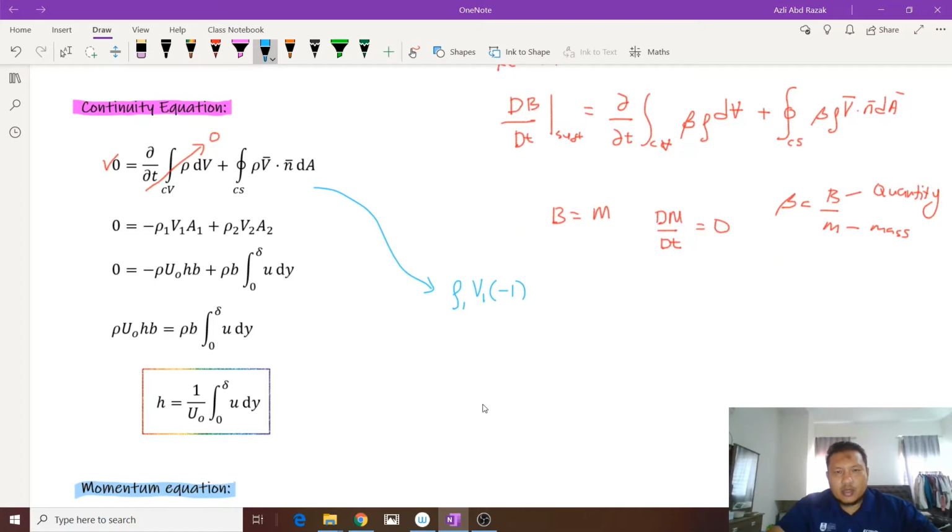Why is it minus? Because this is the n, the normal, opposite to the direction of the flow, which comes from here.